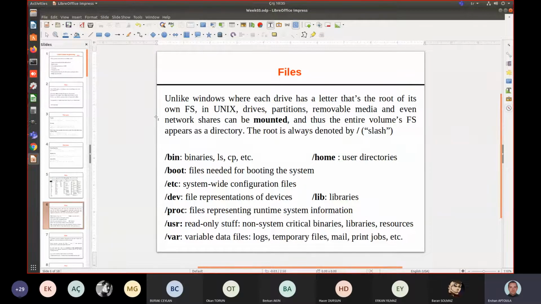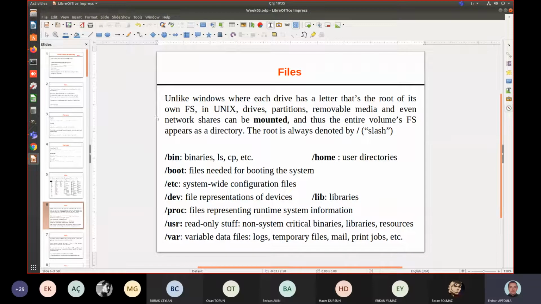Now, a difference between the Windows systems and the POSIX systems is that in the case of Windows systems, as all of you probably know, it is the device letter, so C device, D device, and so on, that represents the root of the file system. We don't have that in POSIX. That is against the rules of POSIX.